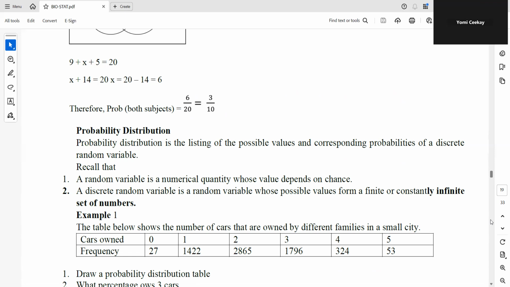We have different types of probability distribution. We have the normal probability distribution. We have the Poisson. We have the binomial.